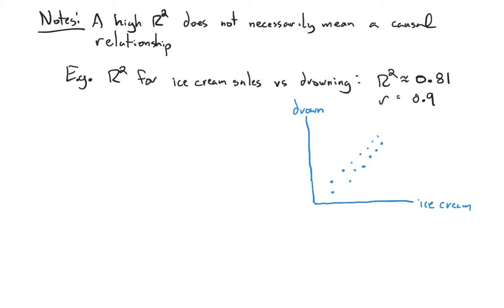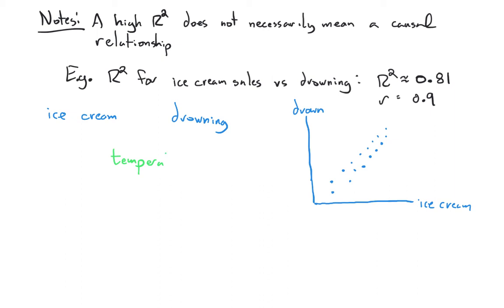But obviously, it's not that ice cream sales cause drowning deaths. Of course, that's ridiculous. What's going on is, of course, it's called a confounding variable. There's no causal relationship, but there's some variable that relates both of them, and that is, of course, temperature.